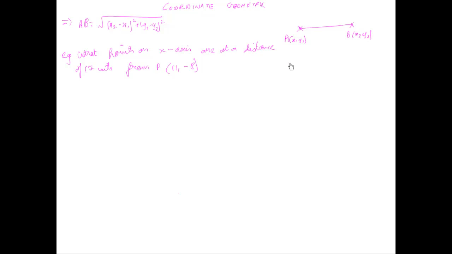So children, we'll draw a diagram over here. There is a point R whose coordinates are a, 0 since it's on the x-axis. The distance is 17 units and the coordinates of P are 11, -8.